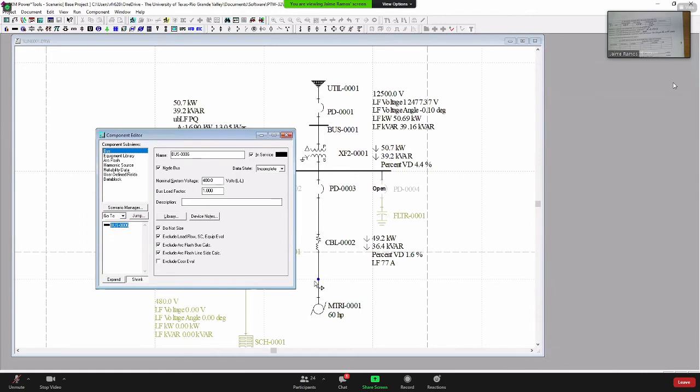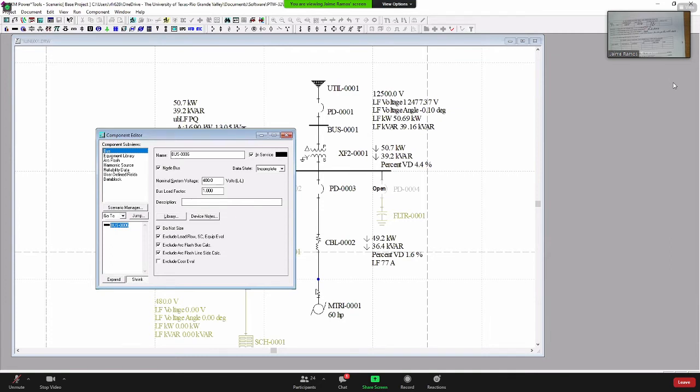So, I found it. That's bus number 6. It's a virtual bus. Okay, so I'll get the extra points in this case. That means that it's at the end of the cable, right where the motor is connected.